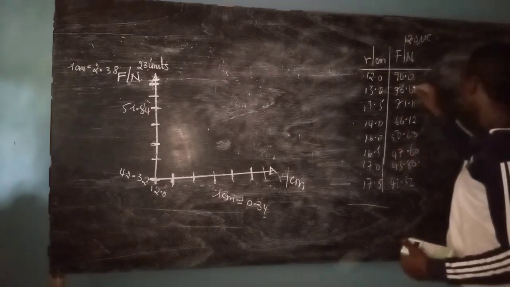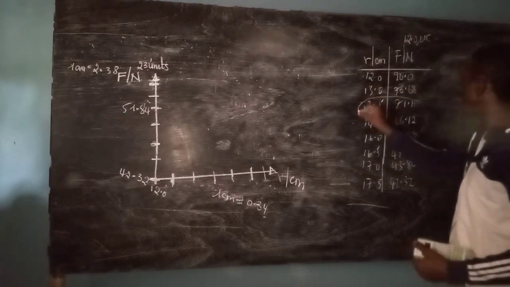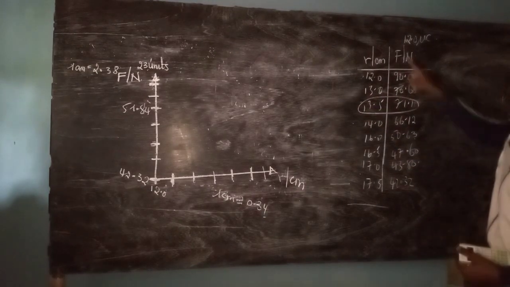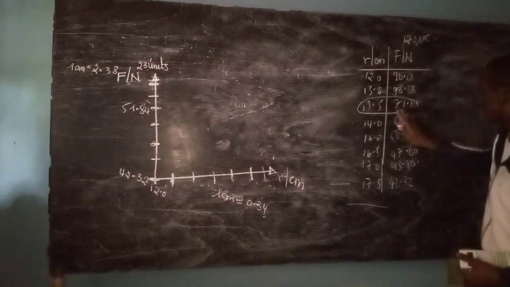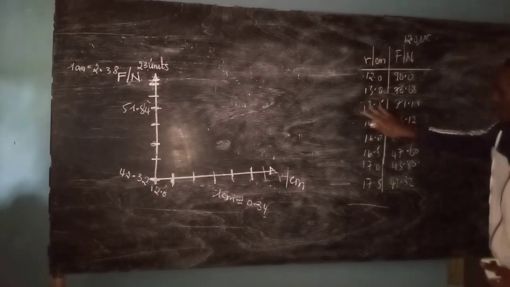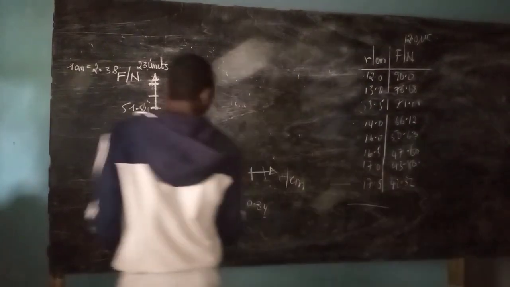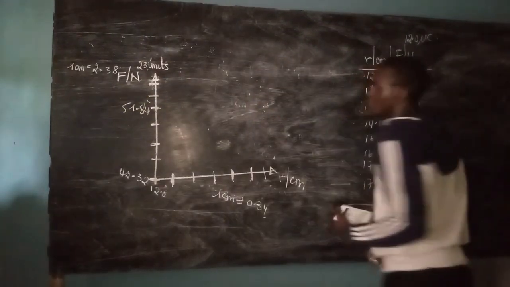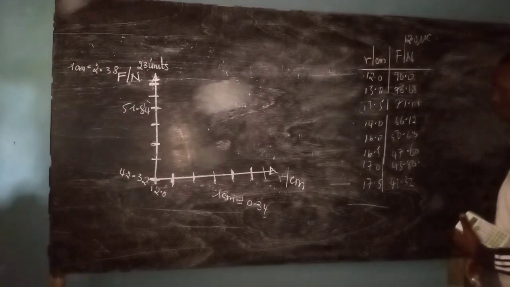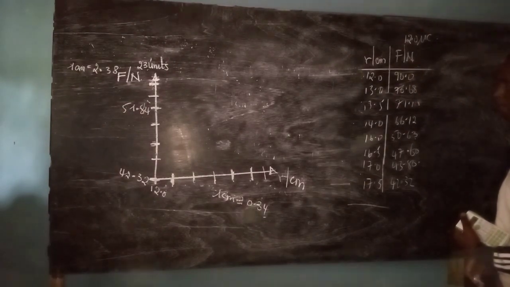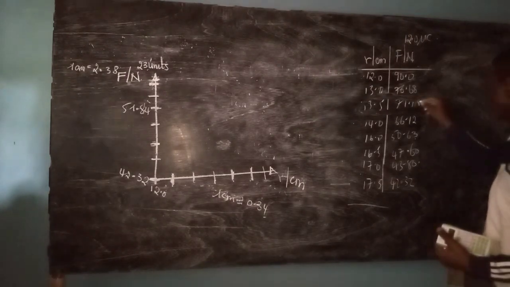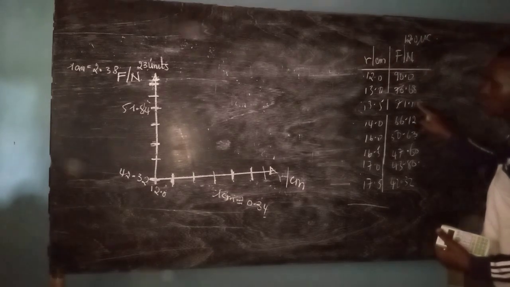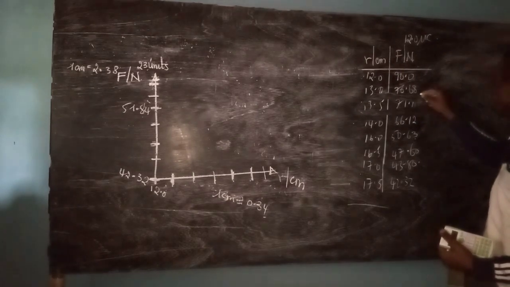If I want to plot, for instance, f, that's 71. Or better still, let me take something that is really in the range. Okay, for instance, let's take this value.